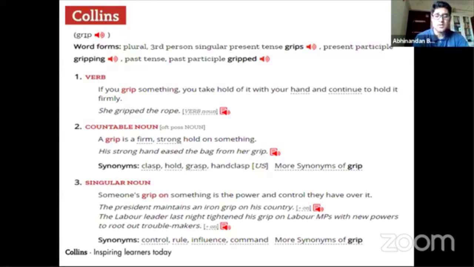A grip is also a noun. Grip is a firm and strong hold on something. When you grip something, the synonyms suggest you clasp, you hold tight, you rule, you control, you command. See, we have so many associated meanings, examples and synonyms for the word grip.